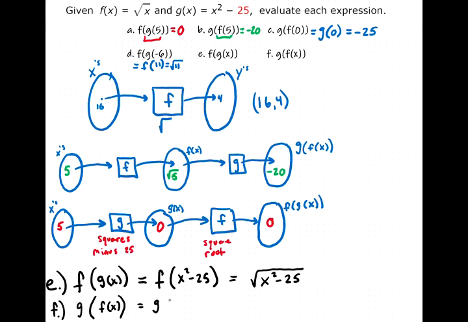That's g of the square root of x, meaning we plug the square root of x into the g function. And the g function takes the input, squares it, and then subtracts 25. So our input is the square root of x. We square that, we get x, and then we subtract 25 from that.